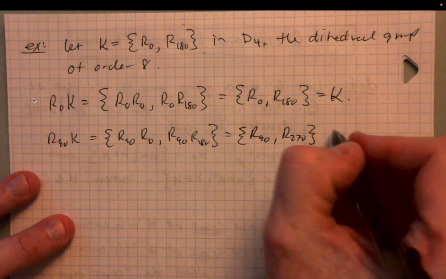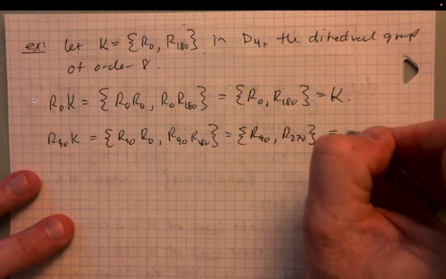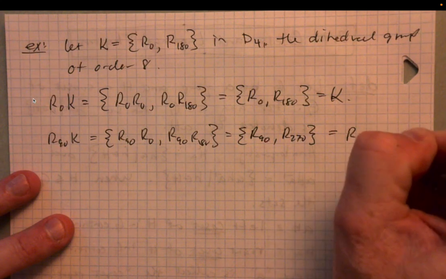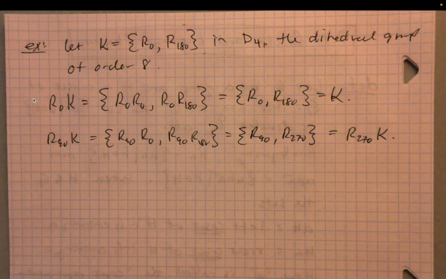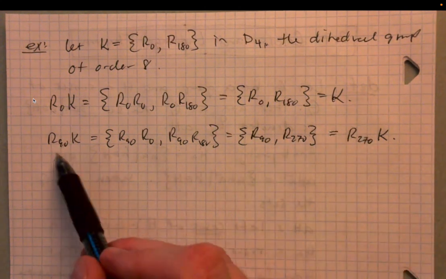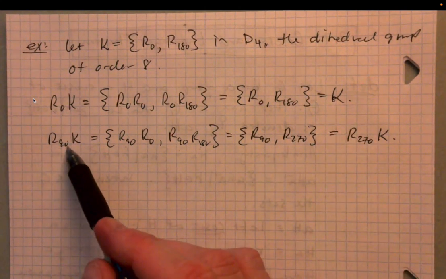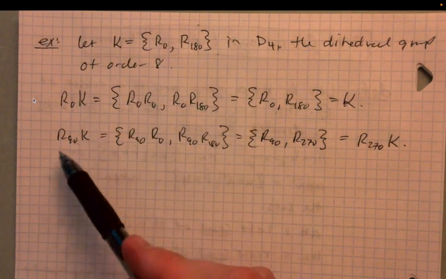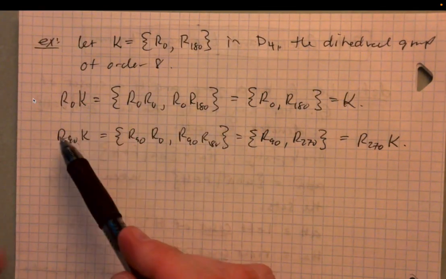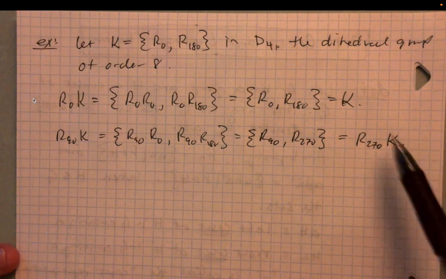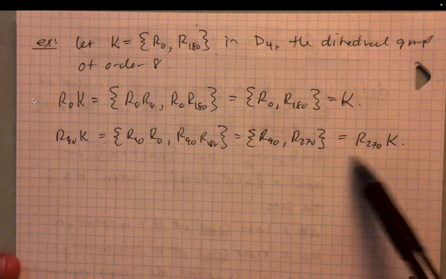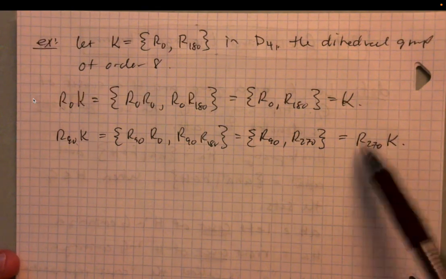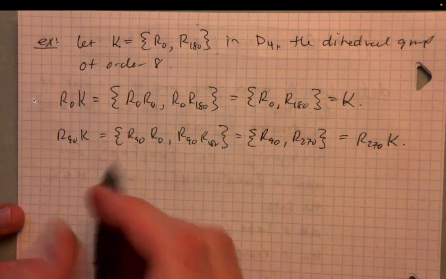Okay. And it turns out that this set here is actually the same as R270 K. So the left coset of K in D4 containing R90 is equivalent to the left coset of K in D4 containing R270. Right, you could just do the exercise. Maybe it's enough to look at it and think it through.